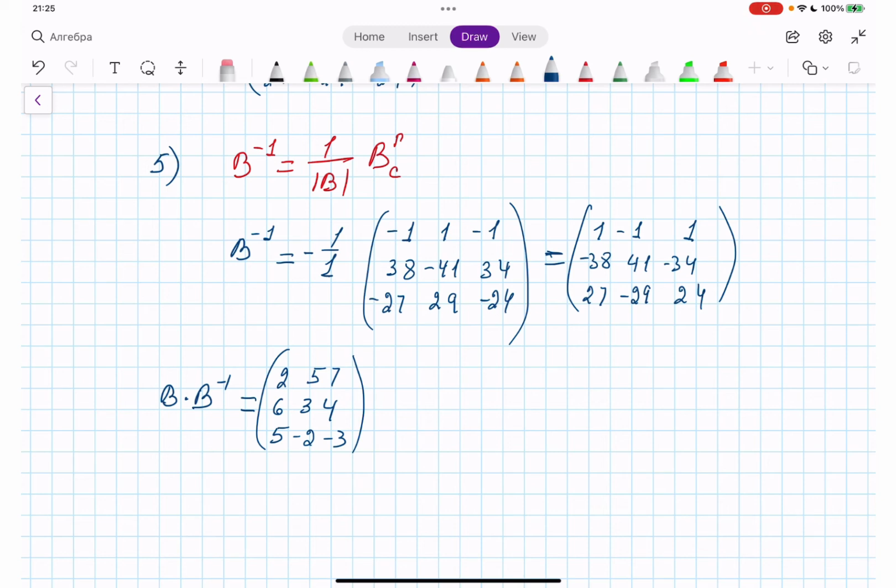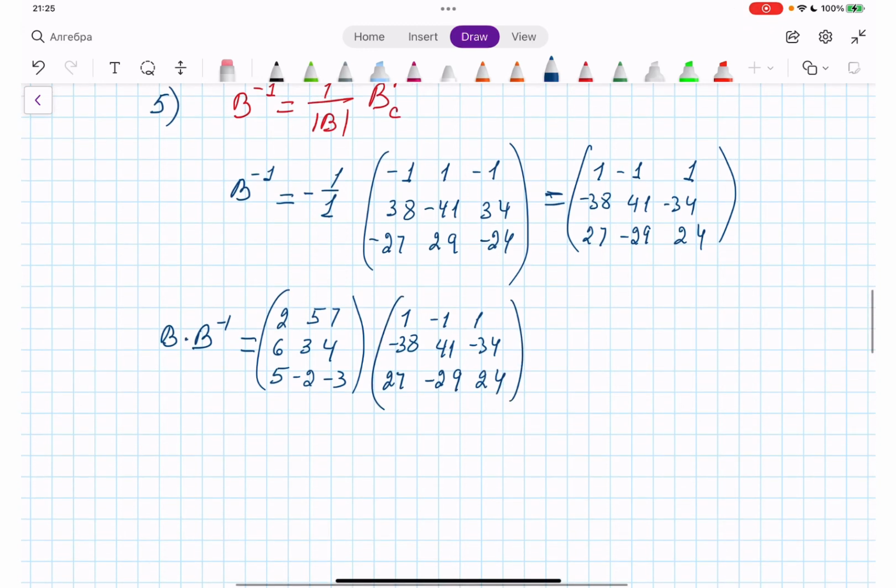And we multiply by the inverse, which is going to be 1, negative 1, 1, negative 38, 41, negative 34, 27, negative 29, positive 24.